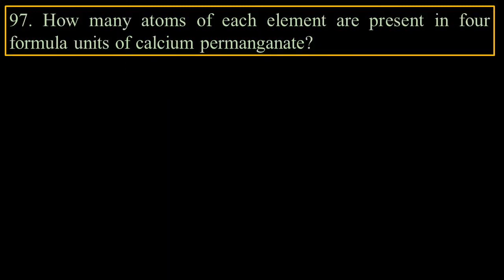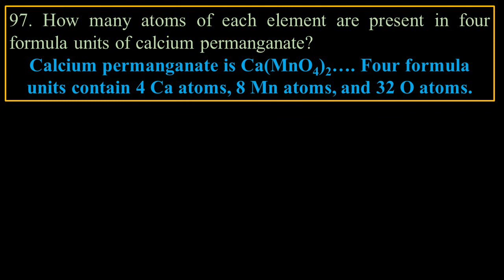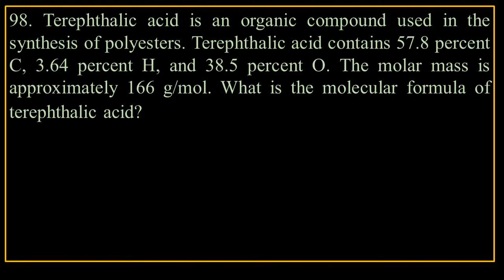How many atoms of each element are present in 4 formula units of calcium permanganate? Calcium permanganate, 4 formula units contain 4 calcium atoms, 8 manganese atoms, and 32 oxygen atoms. Because calcium permanganate is Ca(MnO4)2.